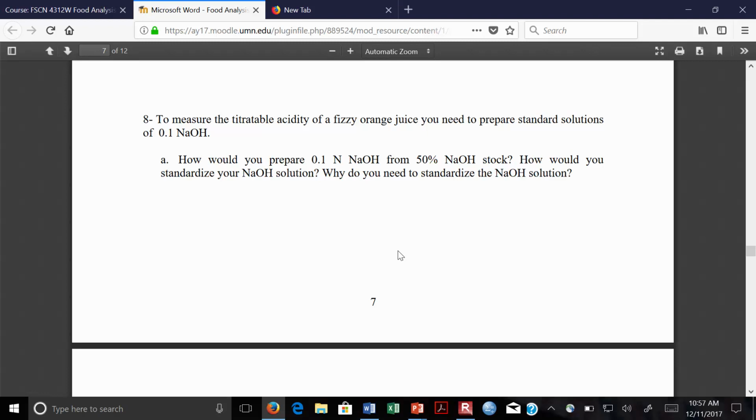Why do we need to standardize the NaOH solution? Well, simply because it's used in the equation for calculating percent titratable acidity, or the percent acid. How come we don't care about standardizing the potassium acid phthalate?